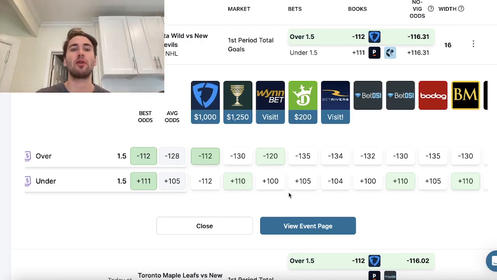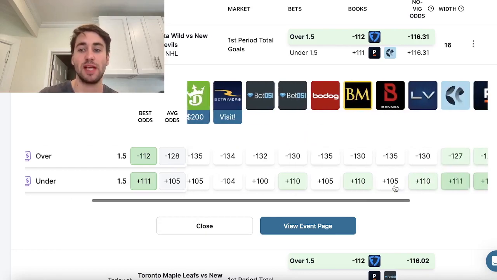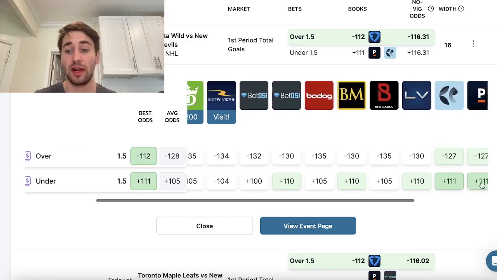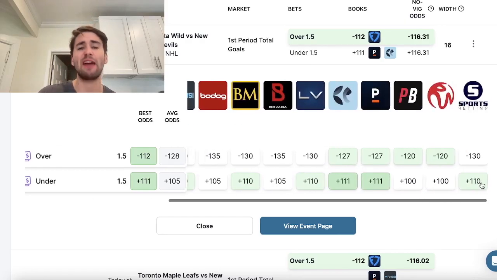Let's say everyone knew that the under 1.5 first period total goals should be the favored outcome. Everyone would bet the under at plus 110, plus 110, plus 112, plus 111. Everyone would hit the under until sportsbooks moved the lines, due to supply and demand, until they had the under as favored.